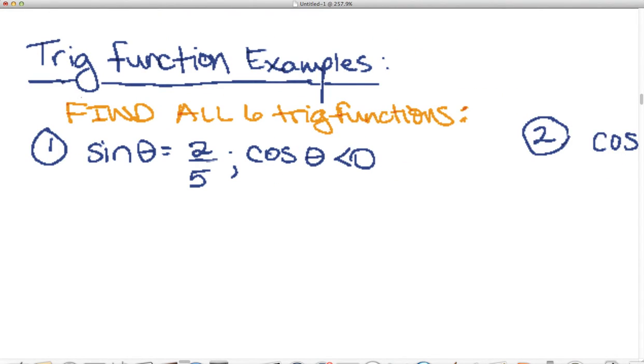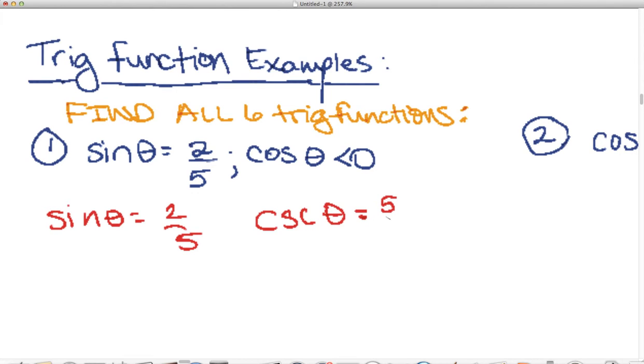What you've got going on here is you're given that sine is 2/5. So automatically you know that cosecant is the reciprocal, 5/2. Now to get the other ones, you have to figure out what quadrant you're in. Use the Pythagorean theorem to figure out the missing leg.